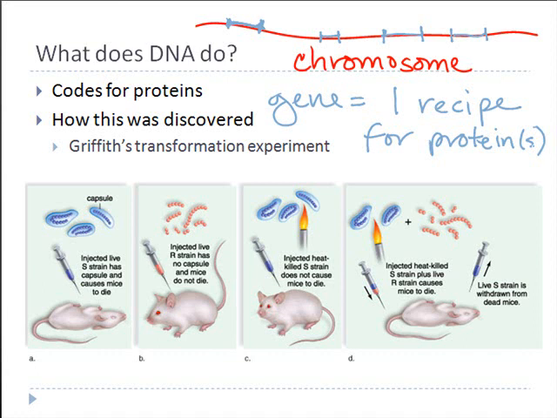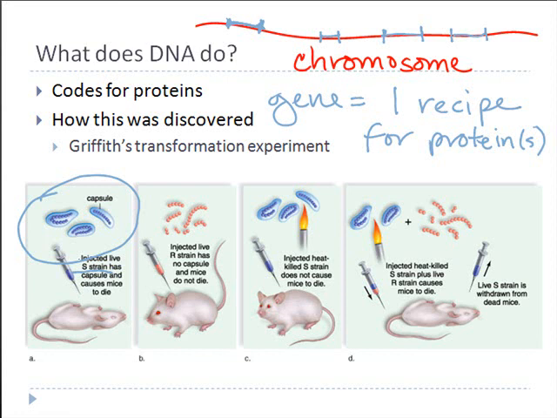Now the way in which DNA and its function in the cell was discovered is kind of interesting. Your book talks a little bit about it. This is from an experiment by a guy by the name of Griffith. What he did was he had some mice and he injected them with a certain bacterium that in its S strain, that's just one version of the bacterium, was very deadly to mice.